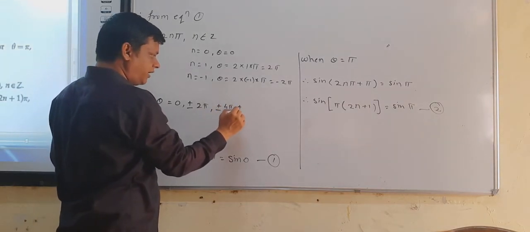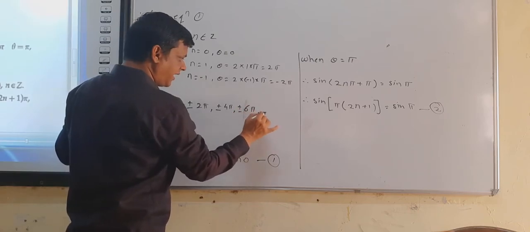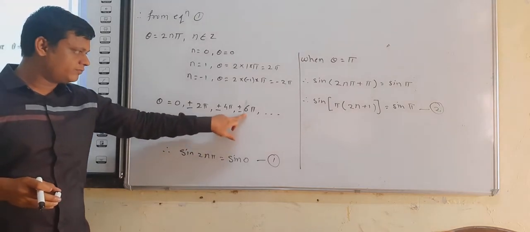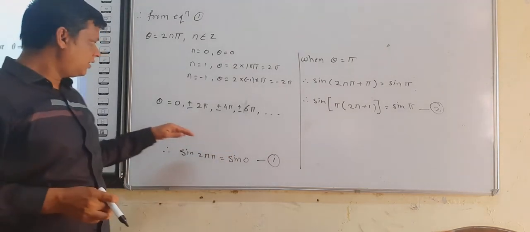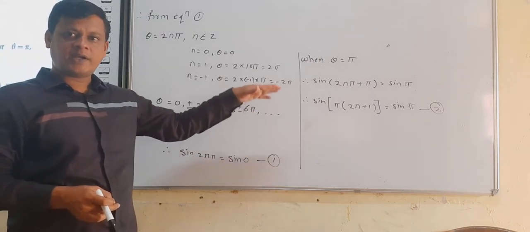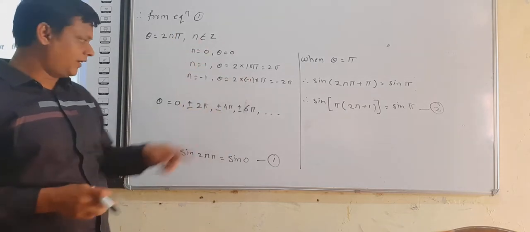In this way we write plus or minus 6 pi and so on. That means here we are getting the values in the form of 2 pi, 4 pi, 6 pi, 8 pi, 10 pi, that is 360 degree rotation values.